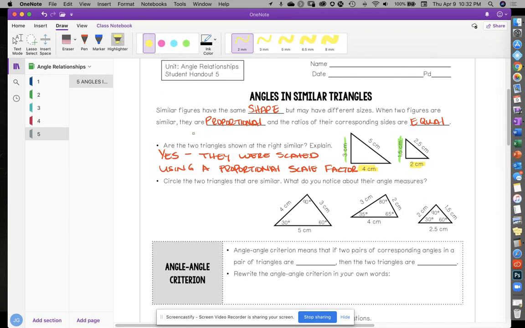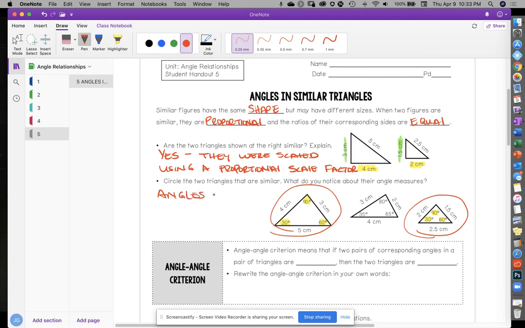Do you see that this is a 30, 90, 60, and this one's also a 30, 90, 60? So one thing you'll notice is similar triangles, no matter how big or how small they are enlarged or reduced, the angle measures will always be the same. So this one is similar to this one, and that's because the angle measures stayed the same.